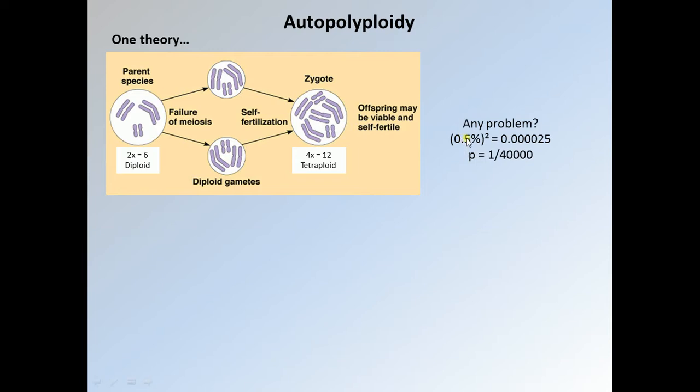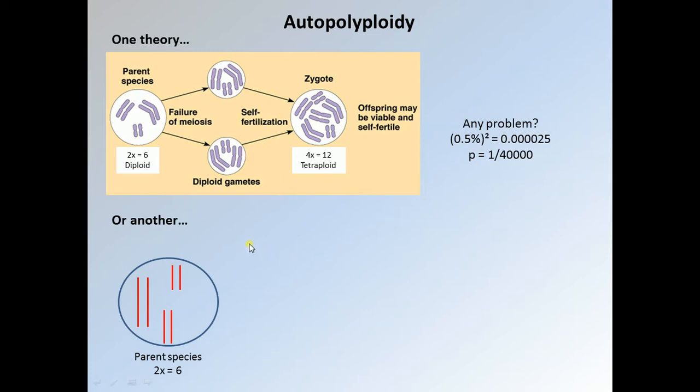I told you that the rate of this happening naturally is maybe 0.5% on average. So the probability that two unreduced gametes happen under these conditions, this one and this one, is then 0.5% squared, which makes it quite a low frequency. Of course, as I told you, some environmental factors like temperature can increase that, but let's say that this is quite an unlikely event to happen.